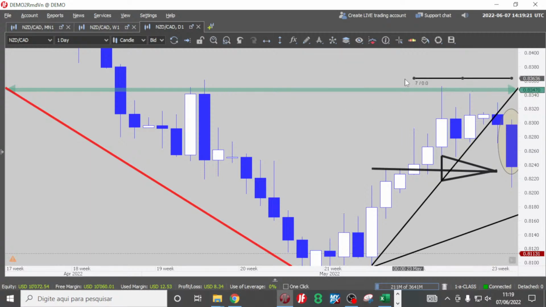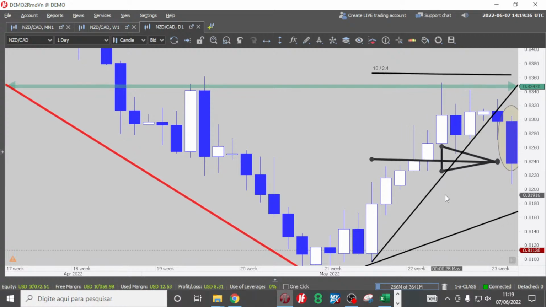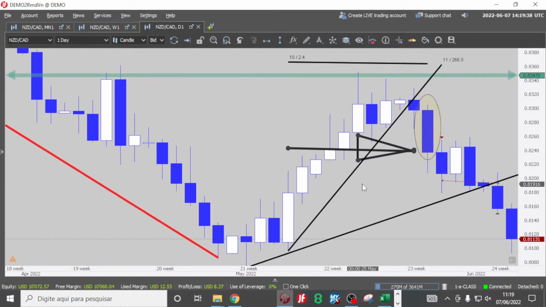Stop loss depending on the pattern, but let's say that I'm trading the short-term trend, right? Or I'm trading the candlestick formations, even better, candlestick formations, stop loss up in here. I'm shorting the market and this is how it goes.